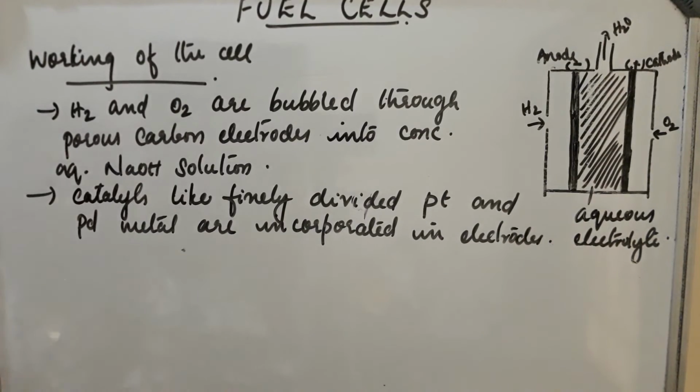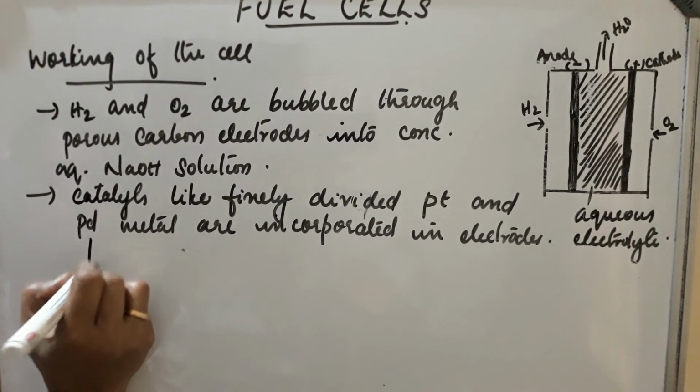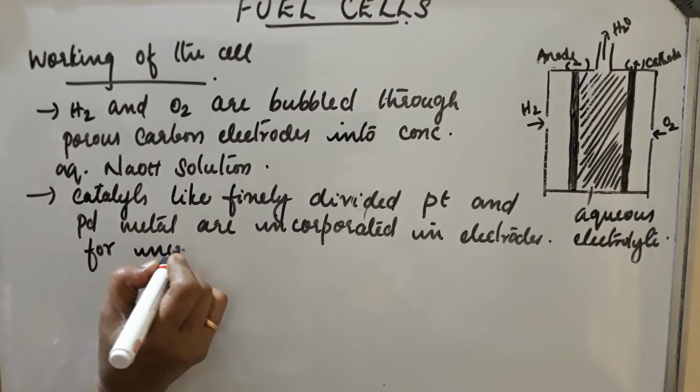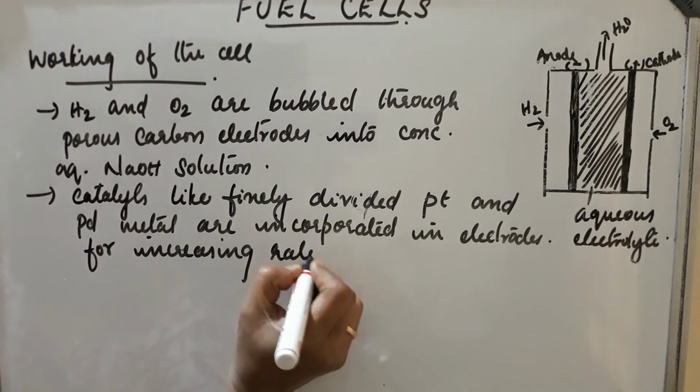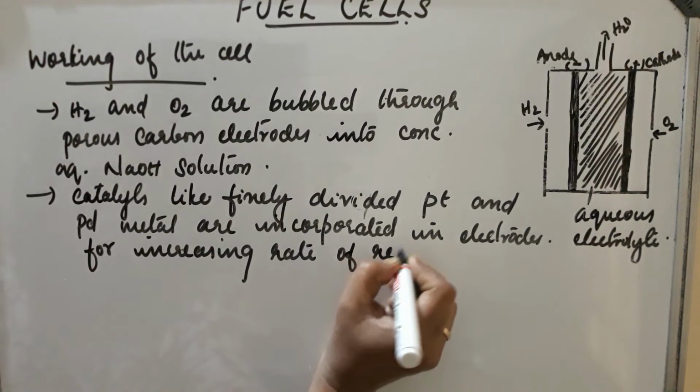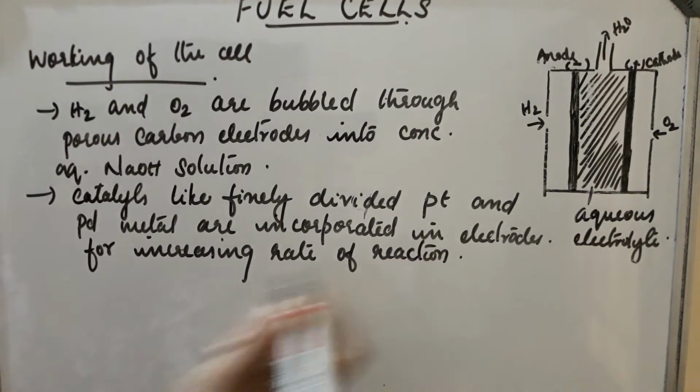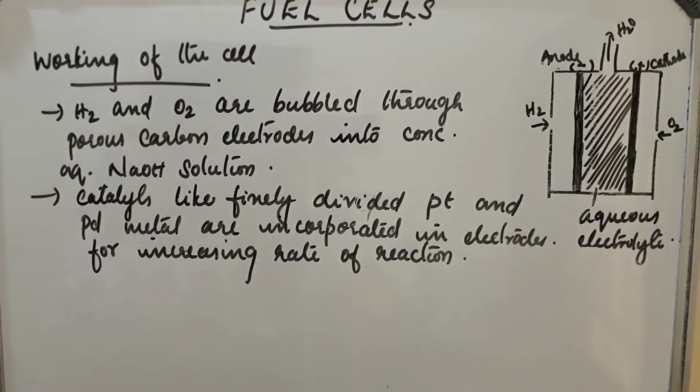This is used to increase the rate of the reaction. For increasing the rate of reaction, we are using a catalyst. So the reaction is taking place between hydrogen and oxygen.